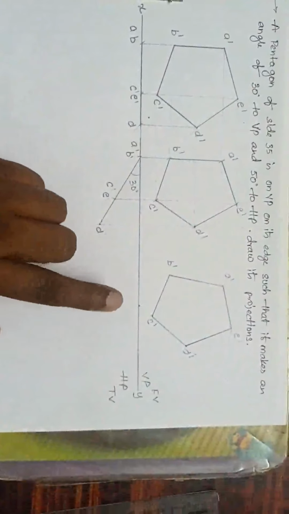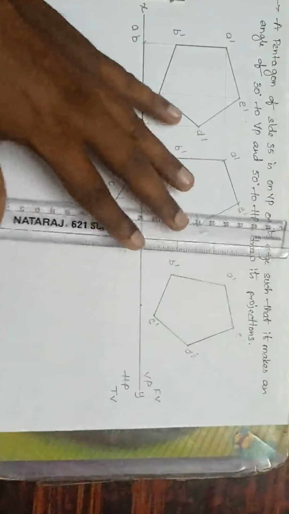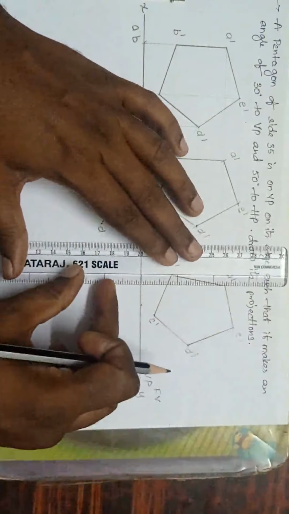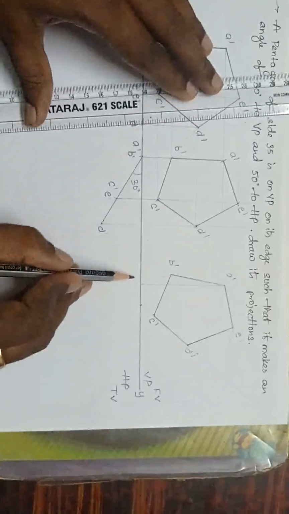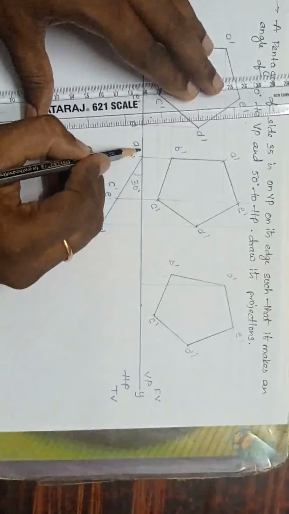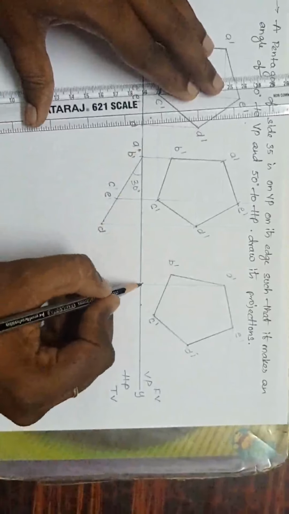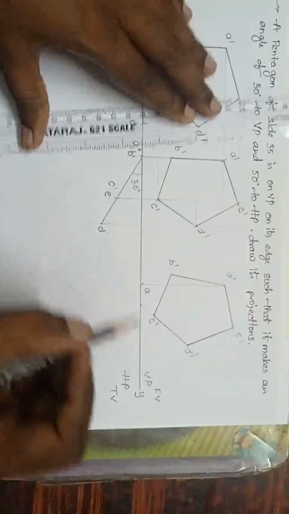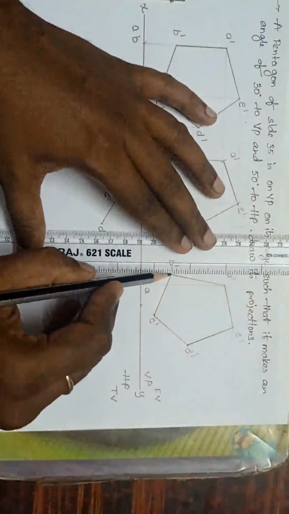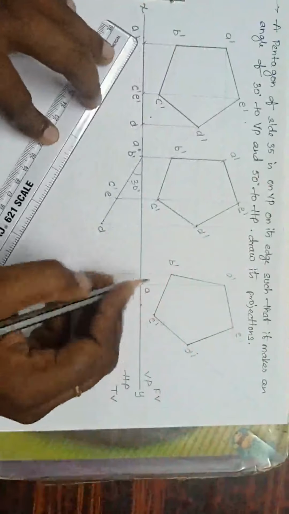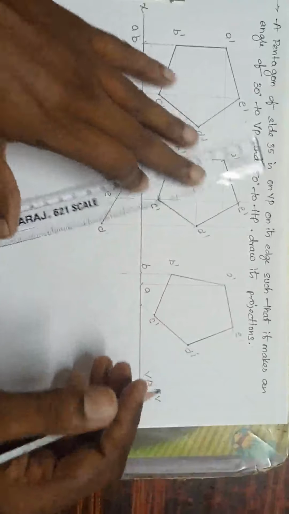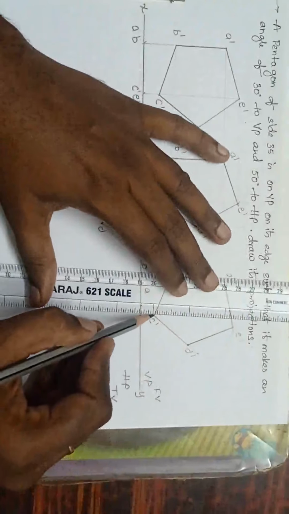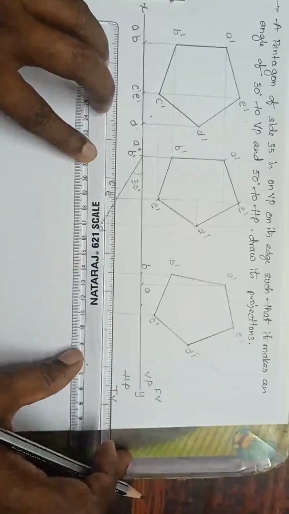Next, I have to draw the top view. First, from A dash drop the perpendicular line, and draw the horizontal from A. This point is A. Next, from B dash, perpendicular line, and from B, horizontal line. This is B itself. Next, from C dash, drop the perpendicular line, and from C, drop the horizontal line.